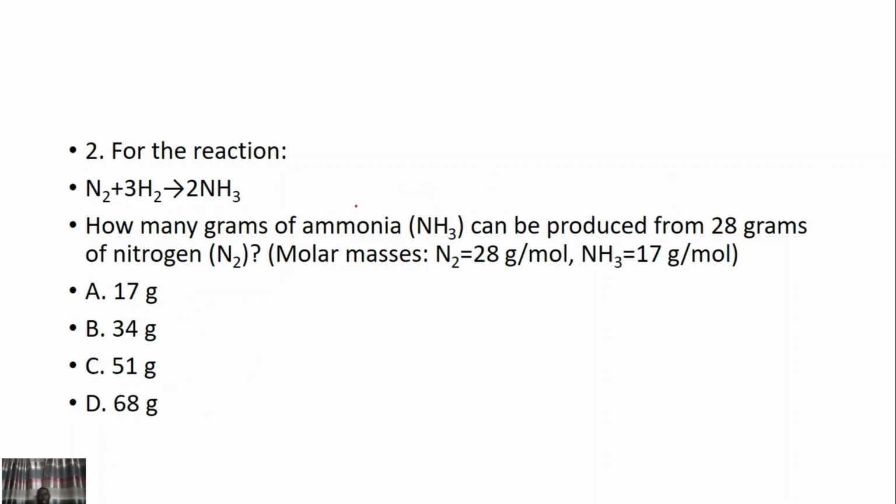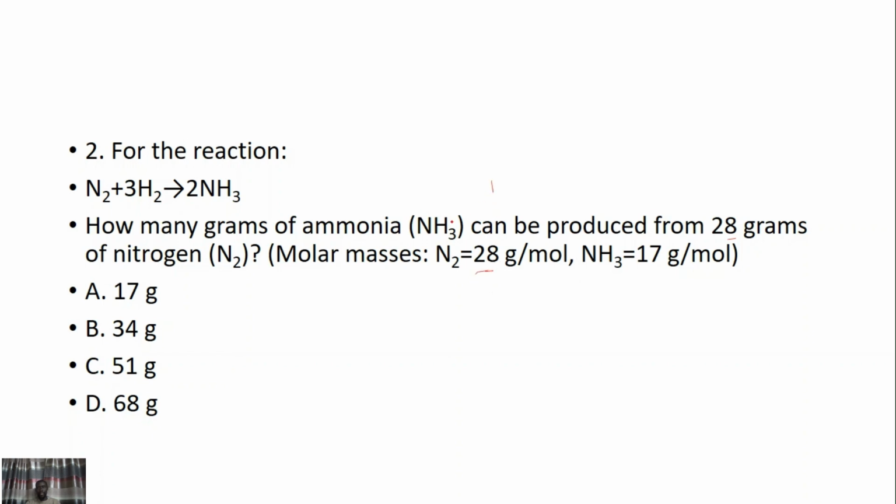Next question. How many grams of ammonia can be produced from 28 grams of nitrogen? I'll leave this question for you to solve. Don't forget to follow the steps that I earlier highlighted. The first thing is to convert this to mole, which is mass over molar mass.